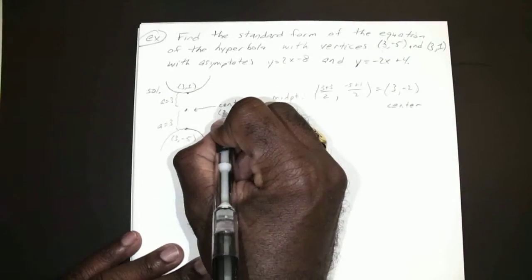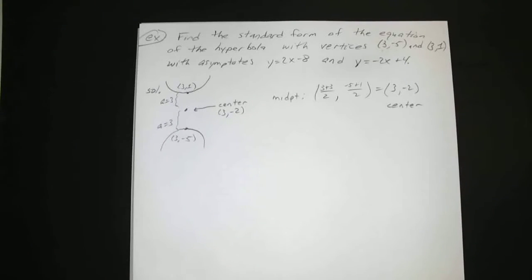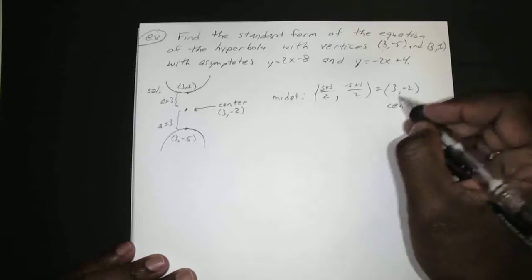Okay, so we know our center is (3, -2). All right. Any questions on that so far? All right. Okay. So now we have our h and our k.